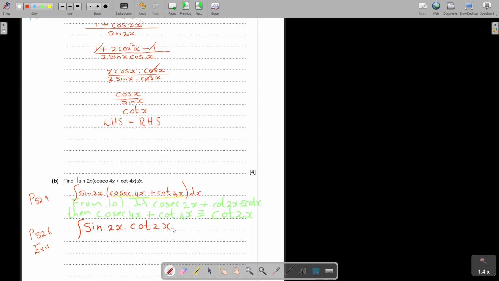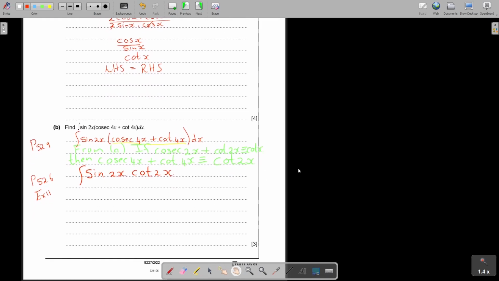And now I'm going to first simplify it before I integrate. I'm not integrating yet. So I have sin 2x over 1 multiply cos 2x over sin 2x, and you can still write dx every time.